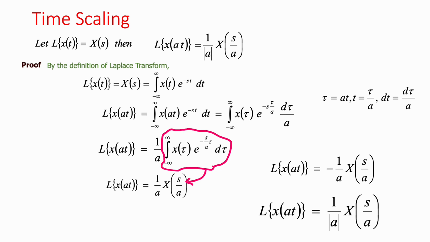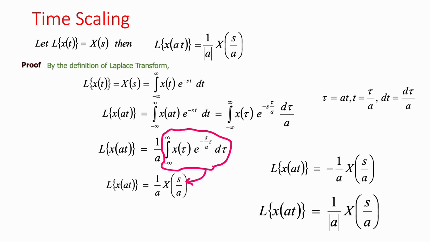Generally, you know that in the Laplace transform equation, if the exponential term is s, it is X of s. Similarly, here s by a can be replaced by X of s by a. For example, here we consider a is positive.